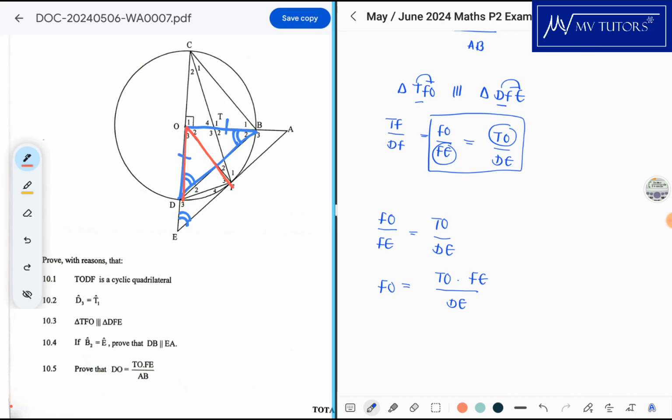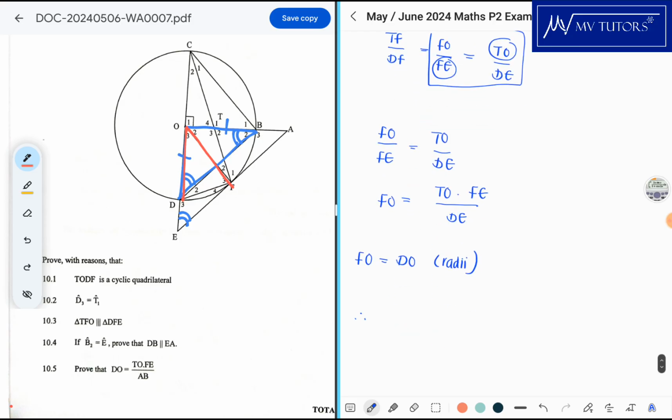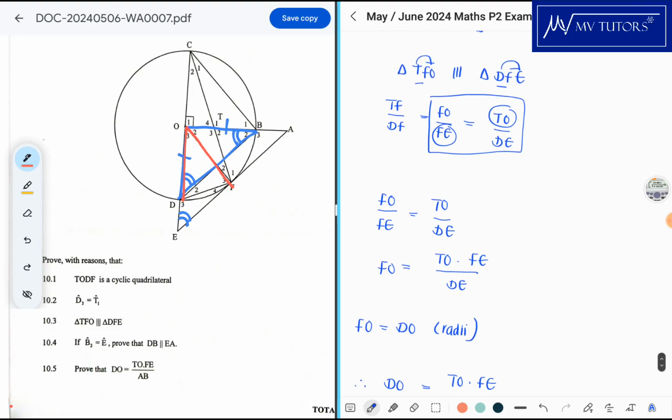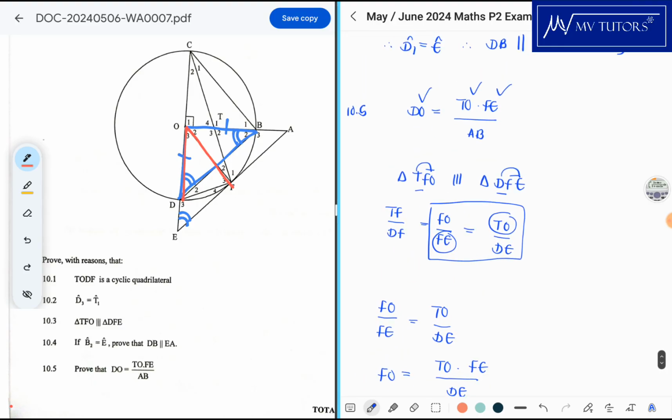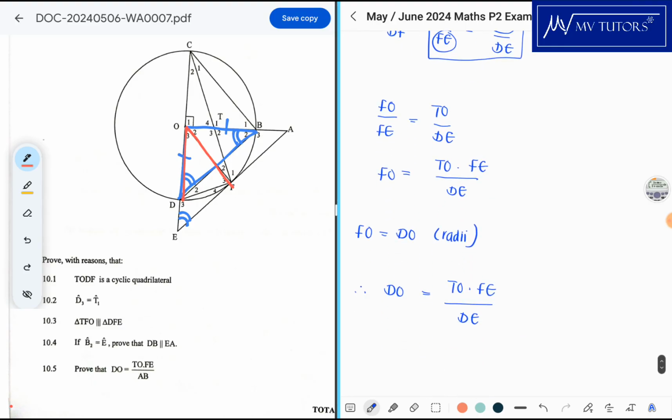So basically, FO is equal to DO, because those are radii. Therefore we have DO, which is equal to TO times FE over DE. We're almost there. Now we're left with AB.